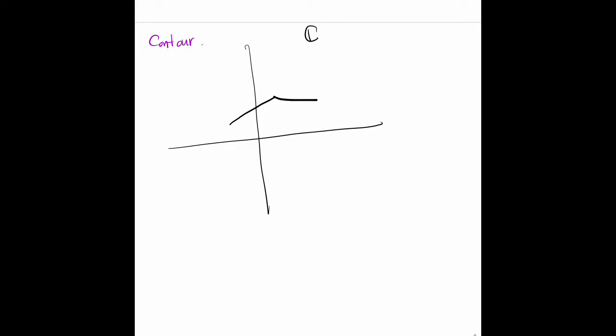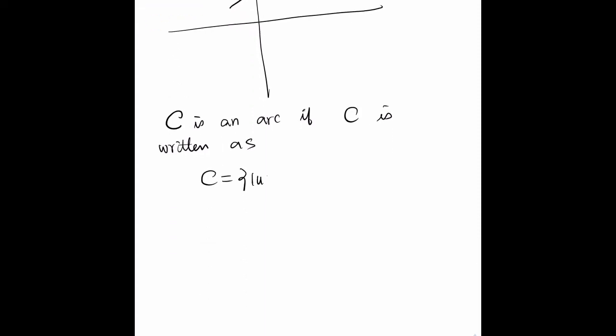So in our textbook, C is an arc if C is written as u(t), v(t), or u(t) plus i v(t), with t between a and b, where u and v are continuous functions.